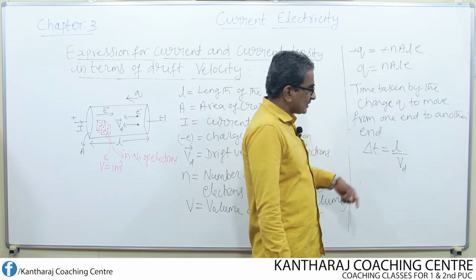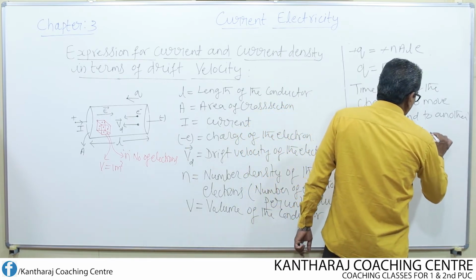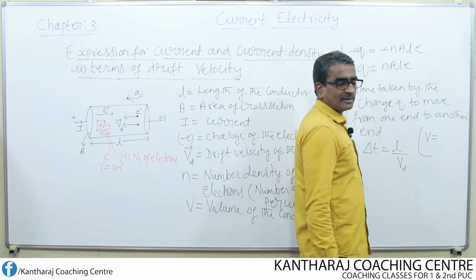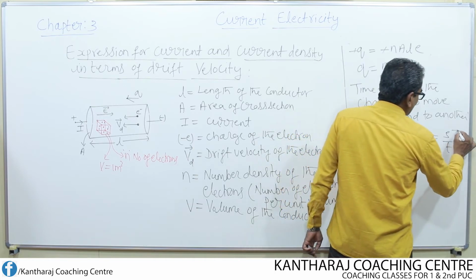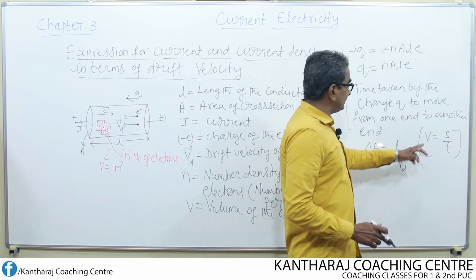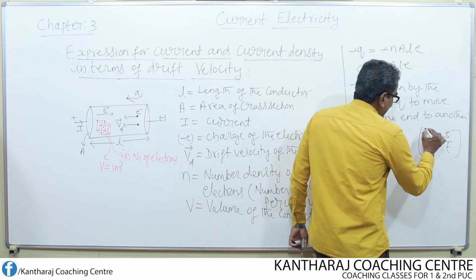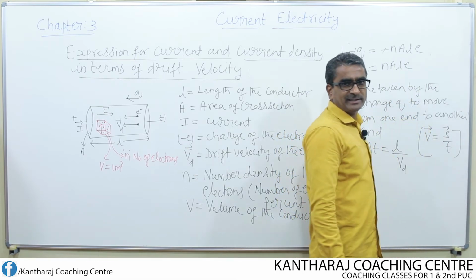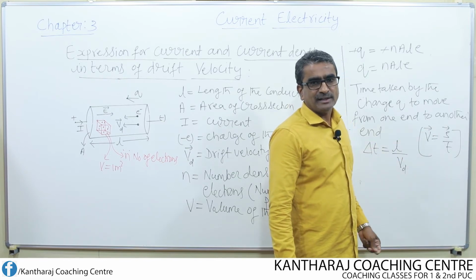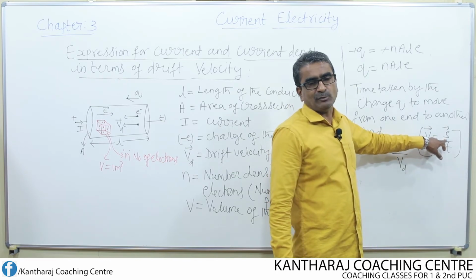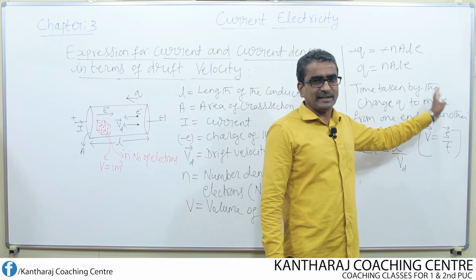How can I write this step here? We know that velocity equal to displacement over time, or speed is equal to distance by time. If it is a vector quantity, then it becomes velocity. If it is considered as a scalar quantity, then it becomes speed. In both cases, what will be there in the numerator? Distance or displacement. Whereas in the denominator, time will be there.